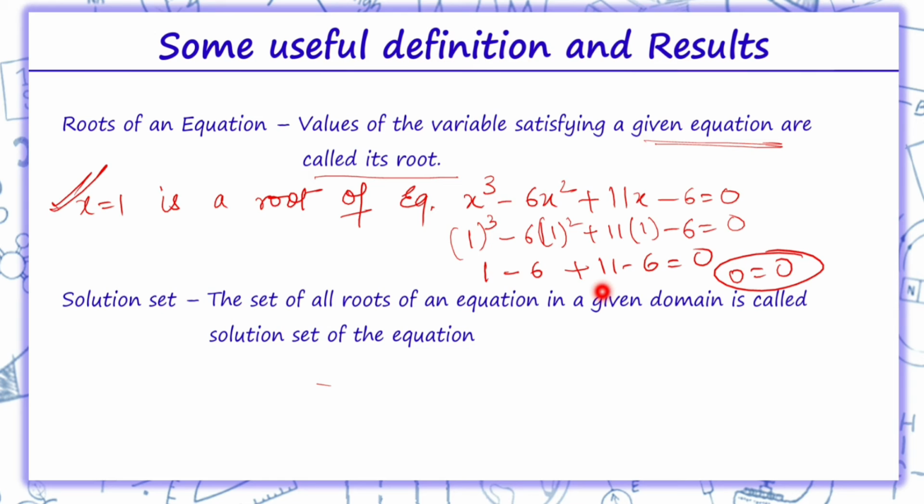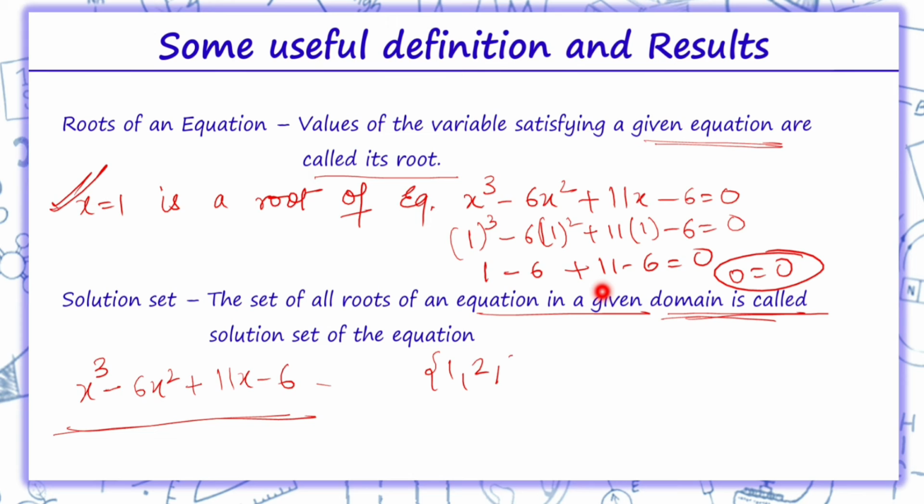Next, coming on to solution set. The set of all roots of an equation in a given domain is called the solution set. Let us suppose I am provided with the polynomial x cube minus 6x square plus 11x minus 6. If I am given the solution set {1, 2, 3}, this 1, 2, 3 is the solution set of the equation.